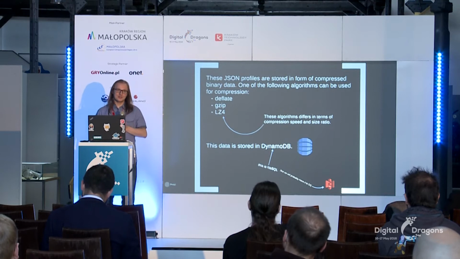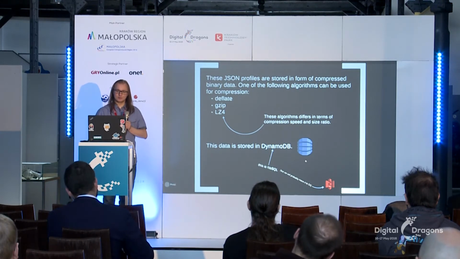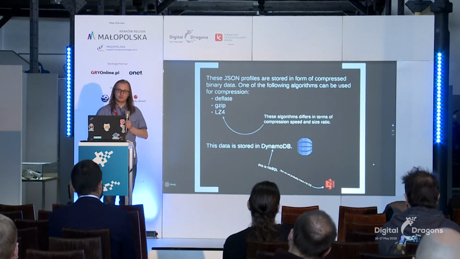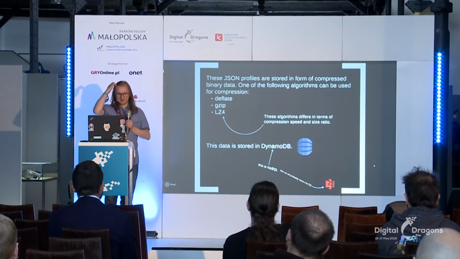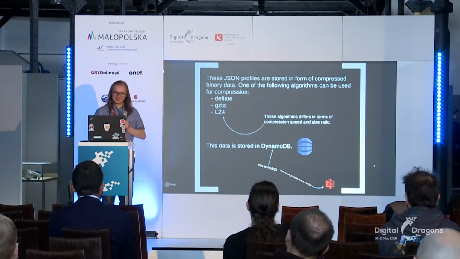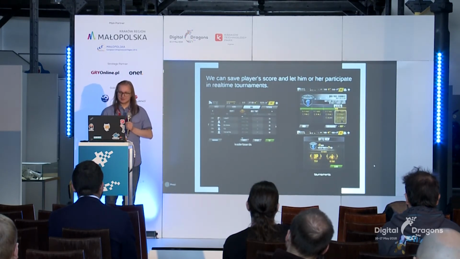Either you need speed or less data, and we are storing those profiles in DynamoDB. But probably we will be moving those profiles into S3, because DynamoDB is quite expensive, and S3 is very, very cheap.